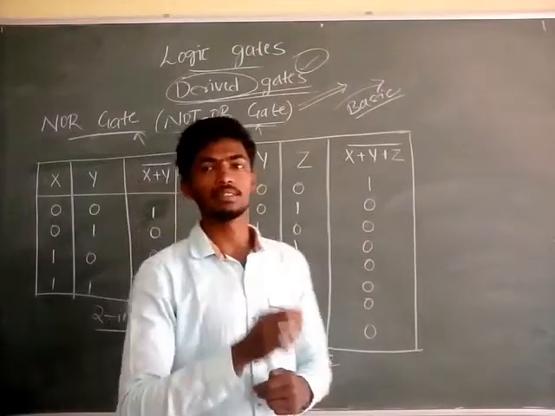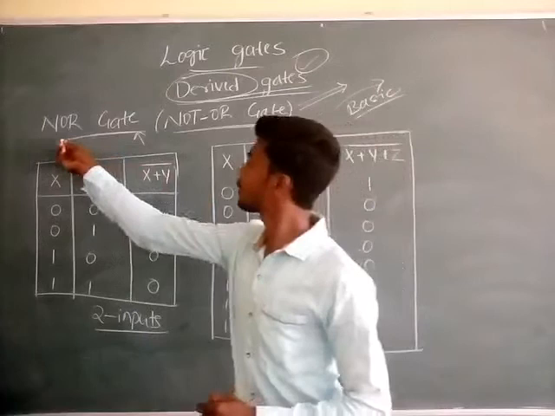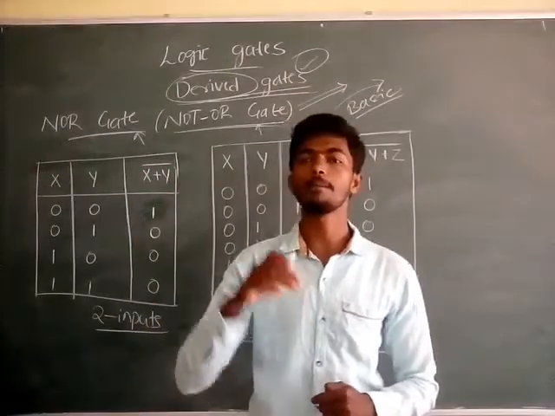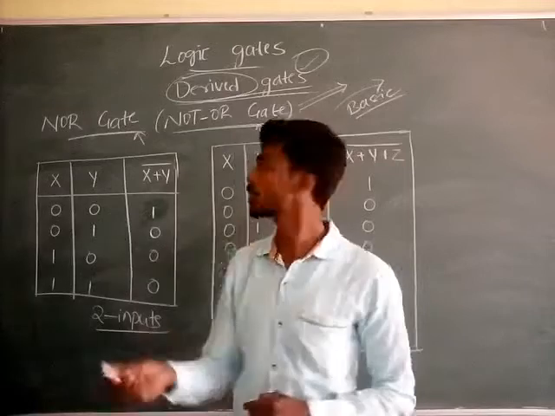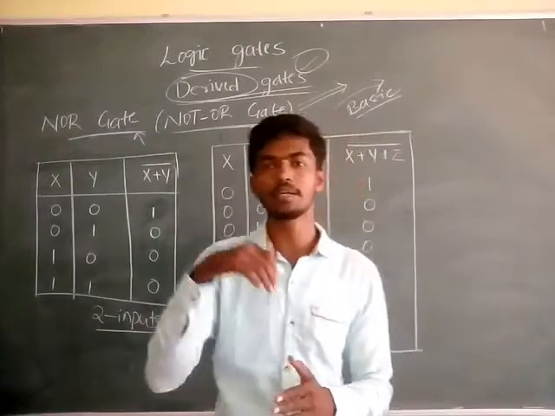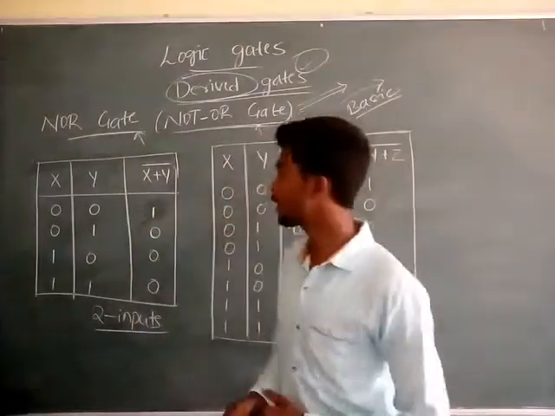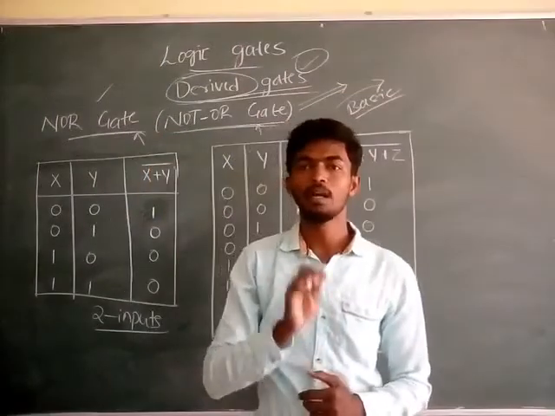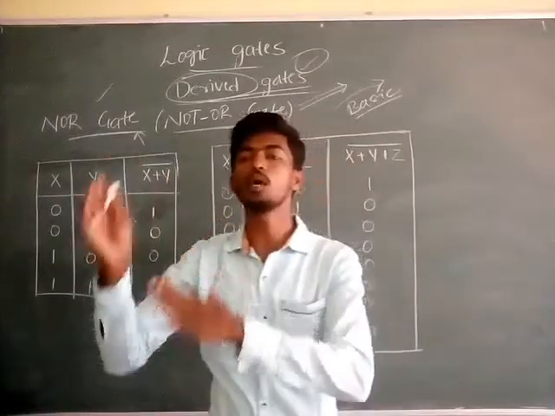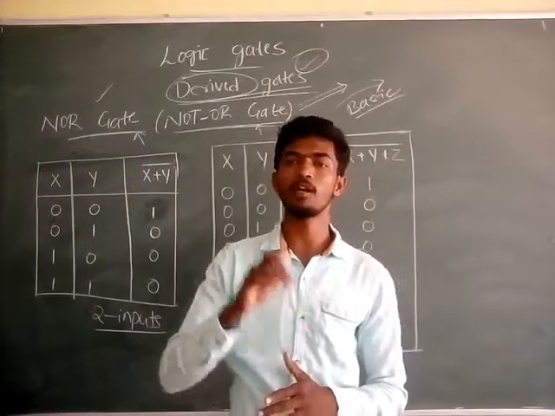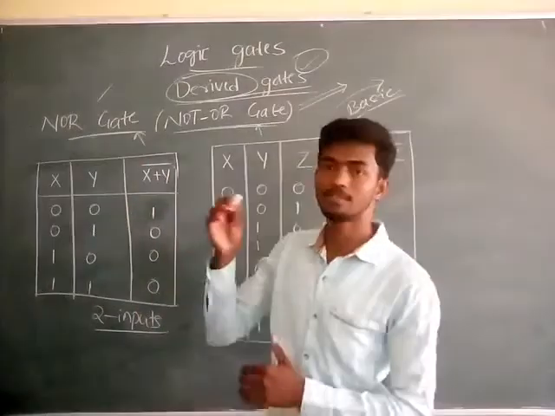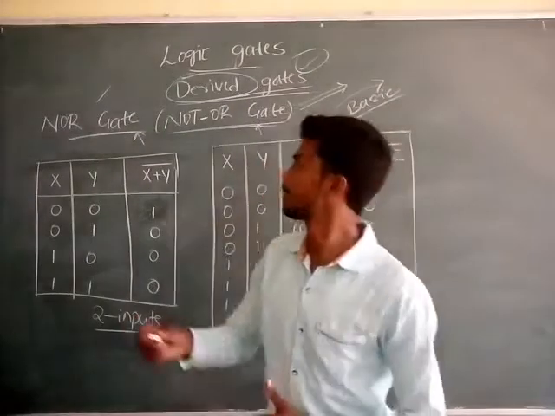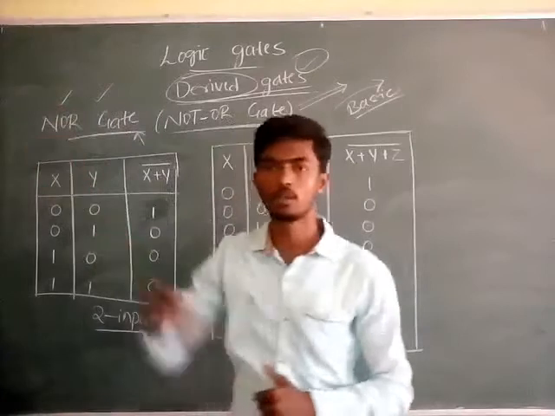You can say this NOR gate is nothing but a complemented OR gate, or an inverted OR gate. It gives you the inverted result of an OR gate: if we invert the result of the OR gate, we get the result of a NOR gate.